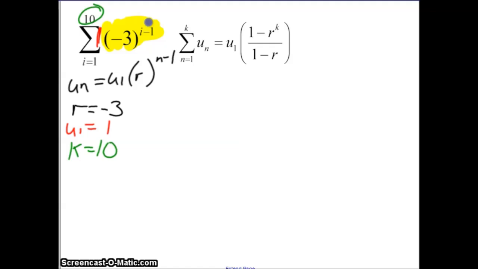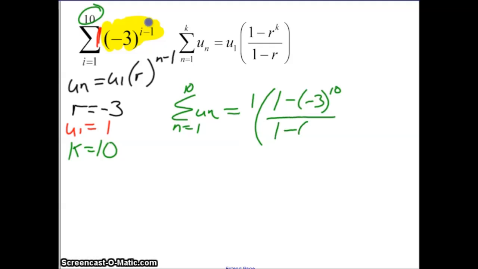All right, so now I can use this formula. All right, so I've got the sum of the first 10 terms equals 1 times 1 minus negative 3 to the power of 10 over 1 minus negative 3.